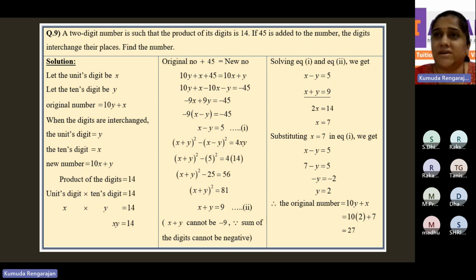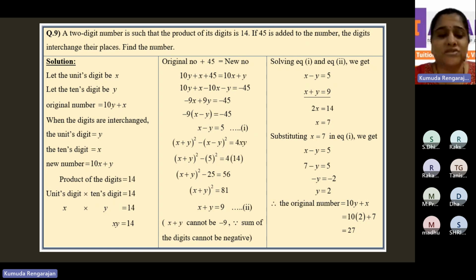So now we have made the basic assumptions for the digits, original number and the new number. Now let's look at the conditions. A two-digit number is such that the product of its digits is 14. Okay, write down. Product of the digits is equal to 14.